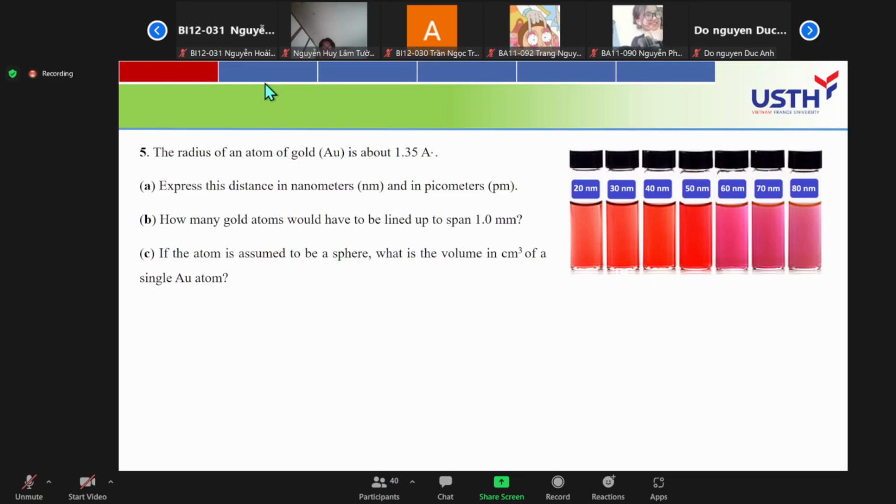Okay, actually I would consider this a very simple exercise. I want to introduce a little about gold nanoparticles. If you have gold nanoparticles of different sizes or diameters, like 20, 30, 40, 50 nanometers, the colors of the solution of gold nanoparticles in water will change.